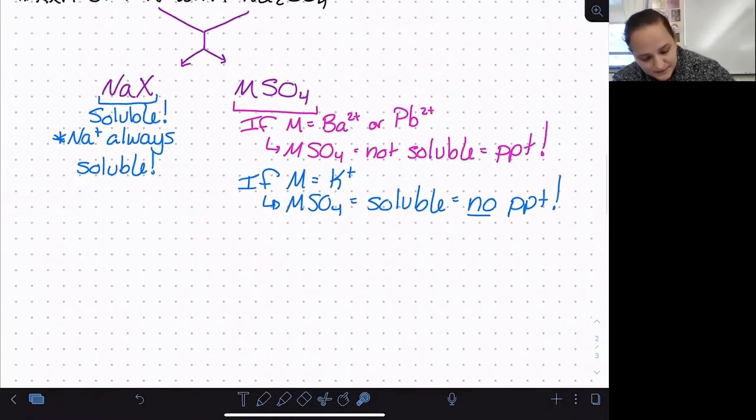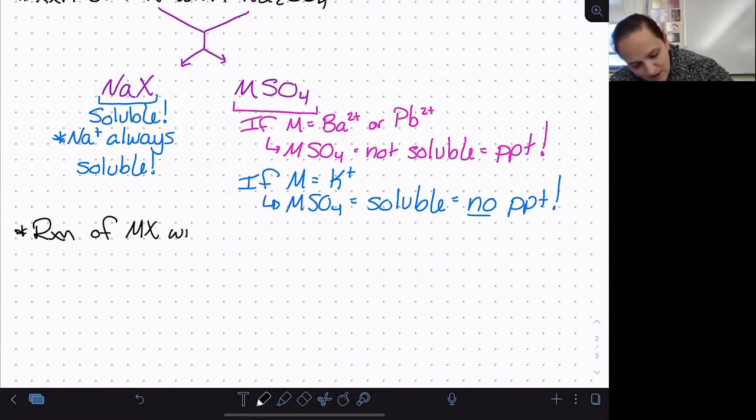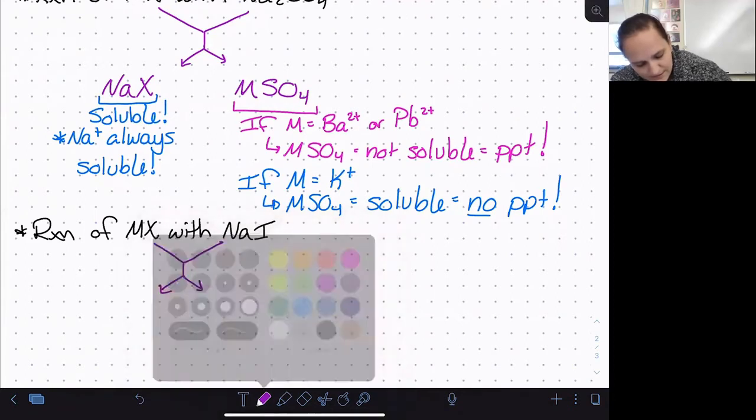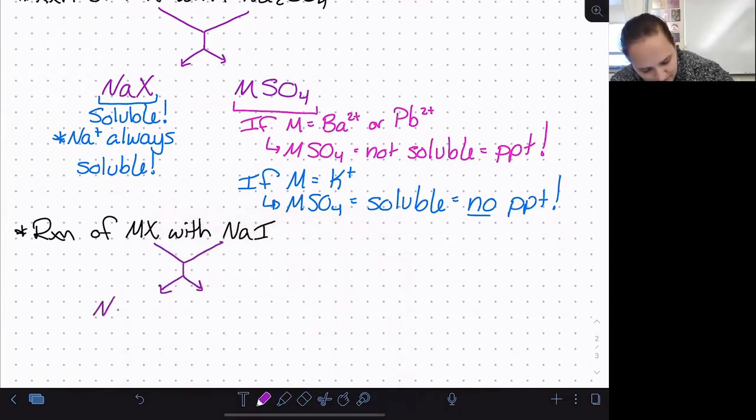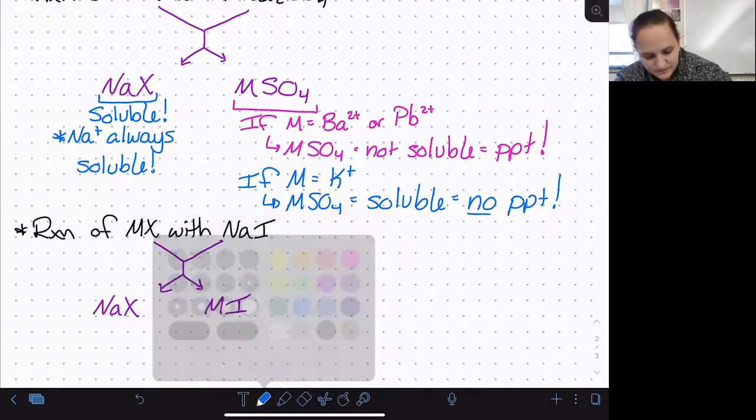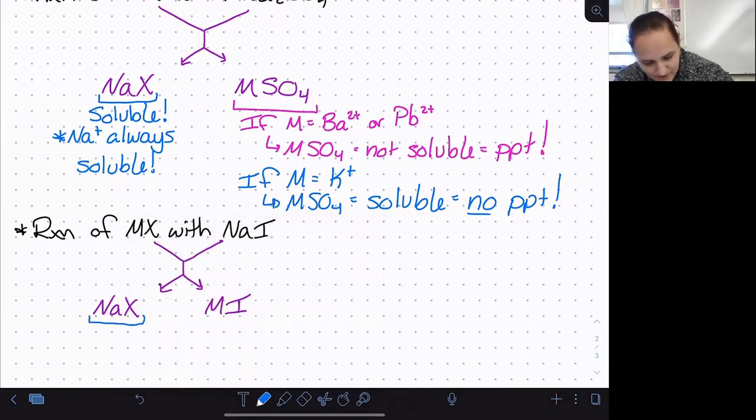If we react MX with sodium iodide, we mix these two things together, they shuffle around their ions, we end up with sodium paired with X and M paired with I. So once again, we have a sodium compound here, so we know that that's going to be soluble.